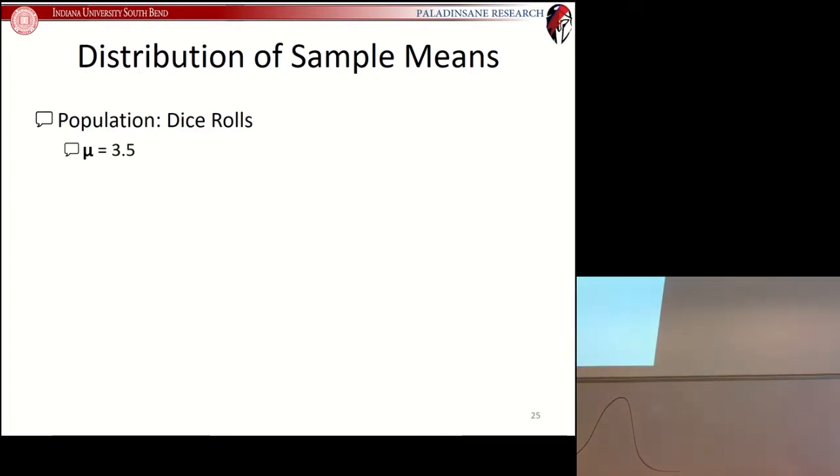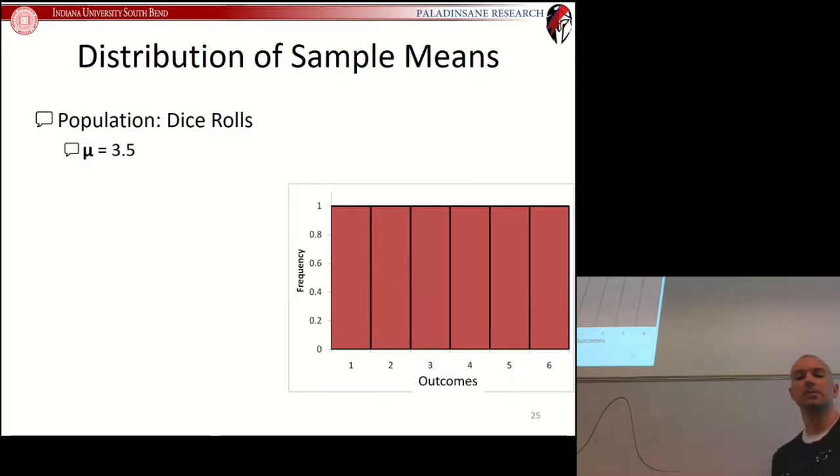If you looked at the distribution of all the dice rolls in the history of the world that were done with fair dice, that would be the frequency distribution. All right, because fair dice means that each outcome, 1, 2, 3, 4, 5, or 6, is equally likely. That's what this frequency distribution is telling us.